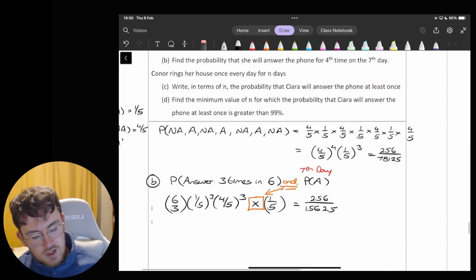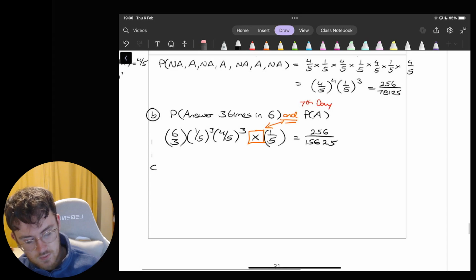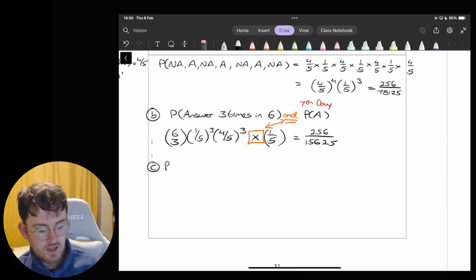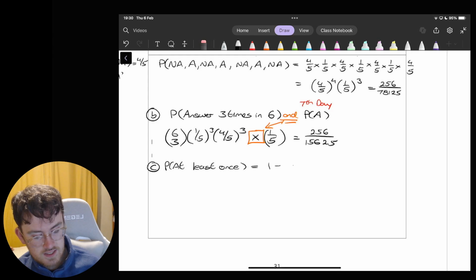So let's look at the next part. Connor rings her house once every day for n days. Write in terms of n the probability that Kira will answer the phone at least once. So this is one of those at least questions again. So the probability of at least once. The only outcome we don't want to consider is the probability that she never answers.